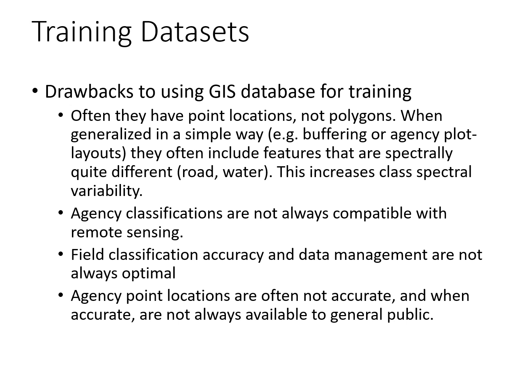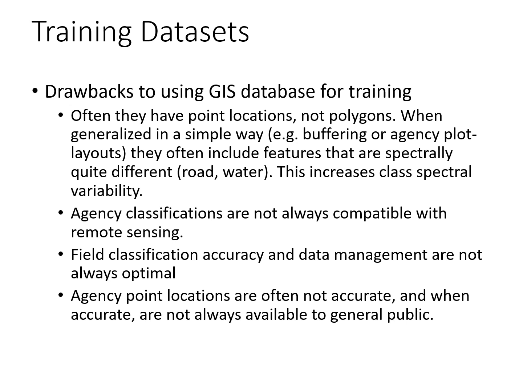All of these agencies do their best, but the field classification accuracy and the data management are not always optimal. It's a big job. For instance, the Forest Inventory and Analysis program at the Forest Service. It's an enormous undertaking to collect all that data, and so there are errors that you can avoid if you're just doing a much smaller number of points.